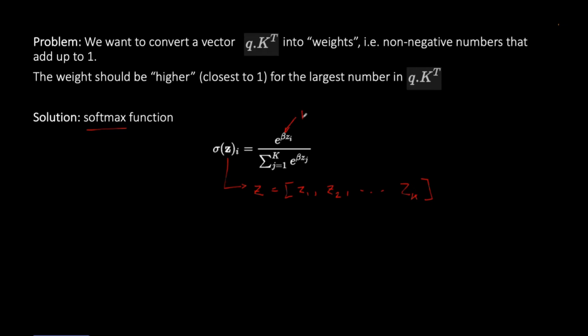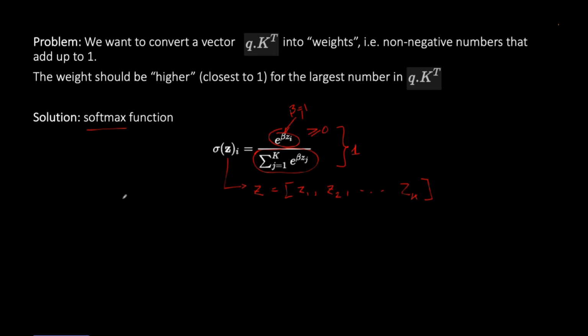We can say beta equals 1. By doing an exponentiation, it transforms all these numbers to numbers greater than or equal to 0. And then by dividing by the sum of those exponentiations, it transforms all these numbers so that they add up to 1.